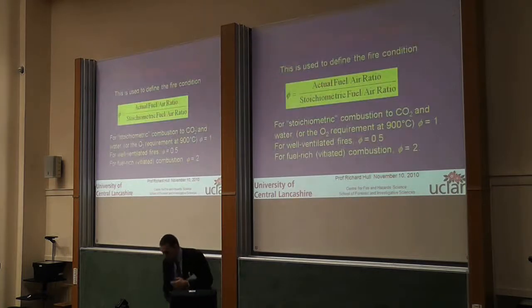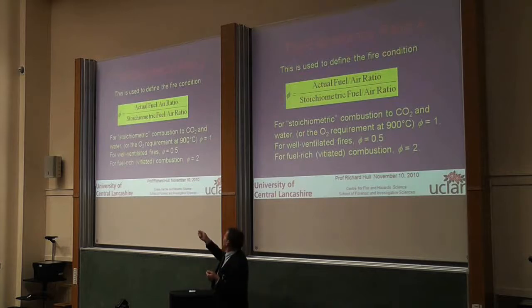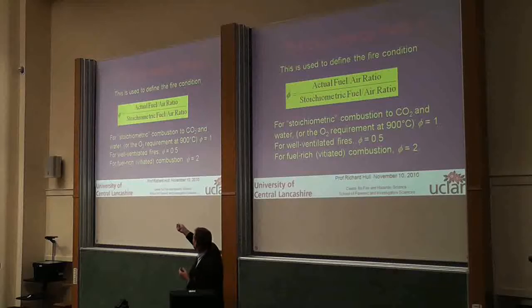So with the benefit of the equivalence ratio, the actual fuel to air ratio, compared to the stoichiometric, or if you like, the chemical fuel to air ratio, if you say one molecule of methane reacts with 1.5 molecules of oxygen to give you 1 molecule of CO2 and 1 molecule of water, then that would be what I meant by the stoichiometric fuel to air ratio.